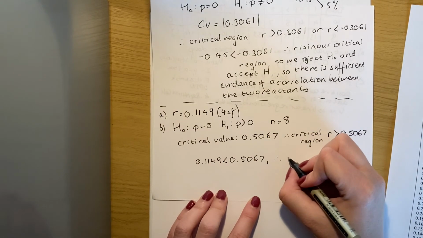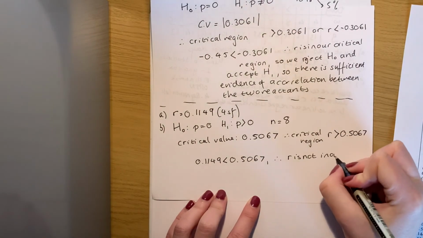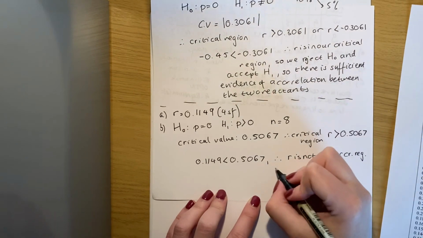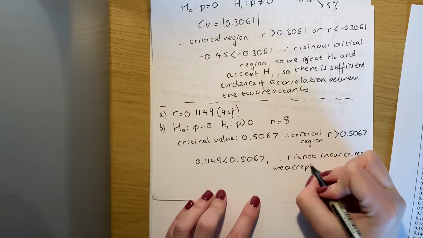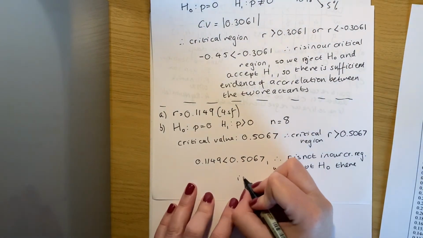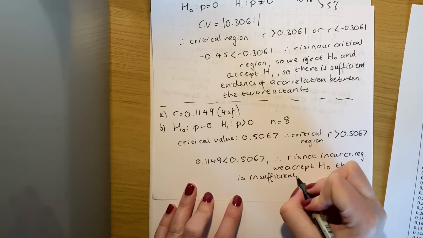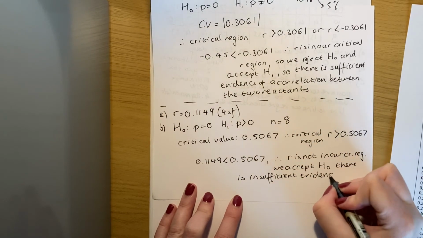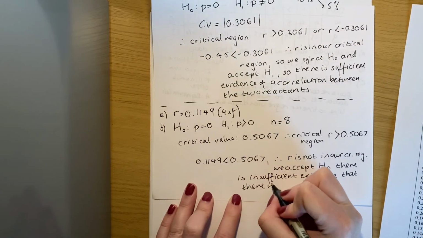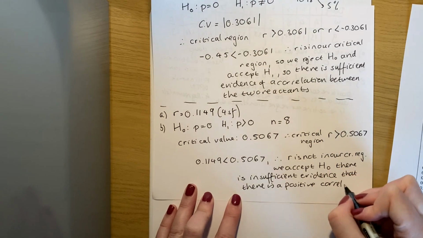So therefore, R is not in our critical region. We accept our null hypothesis. There is insufficient evidence that there is a positive correlation.